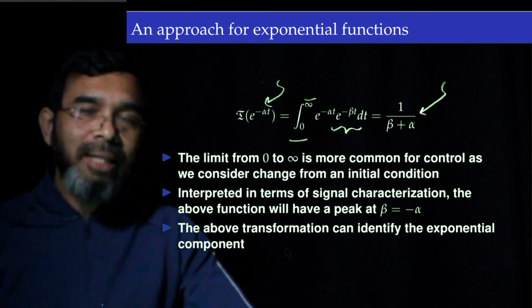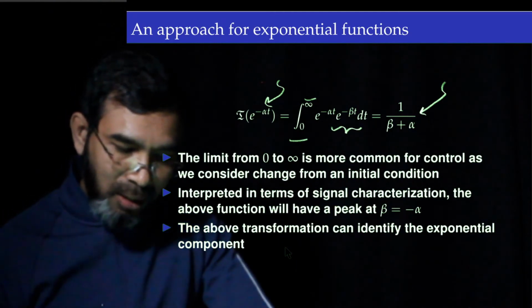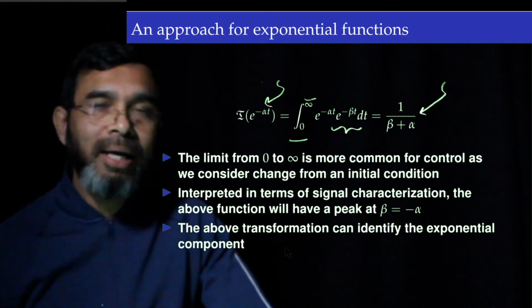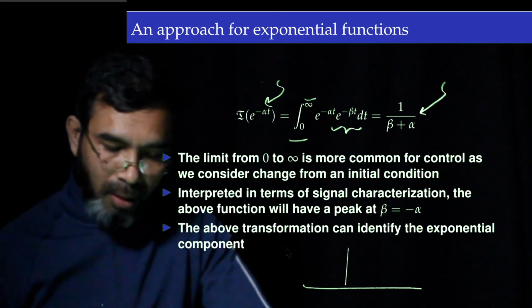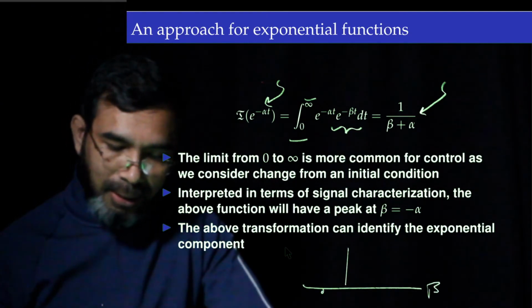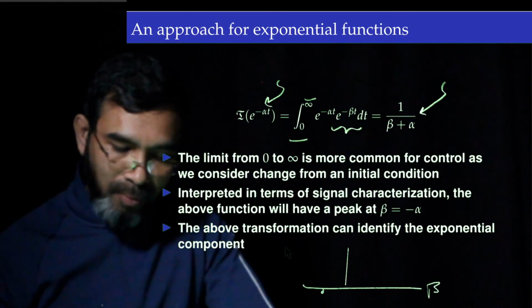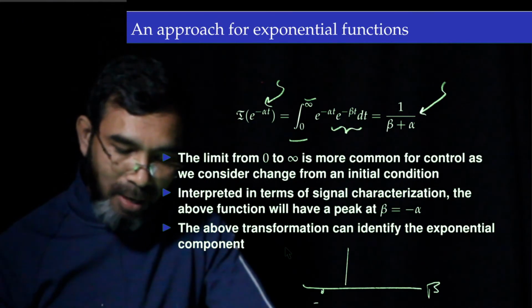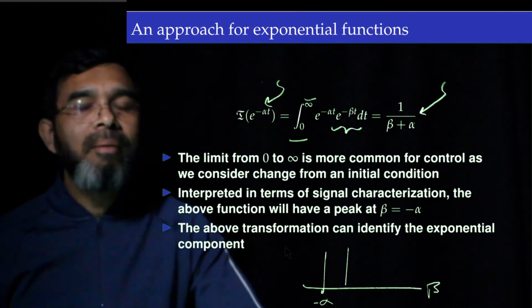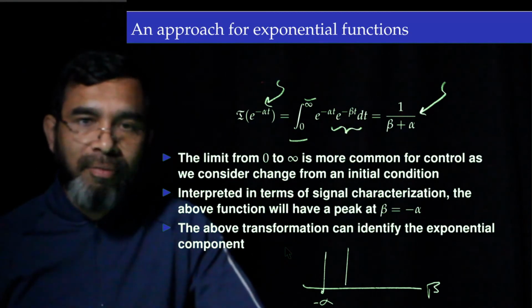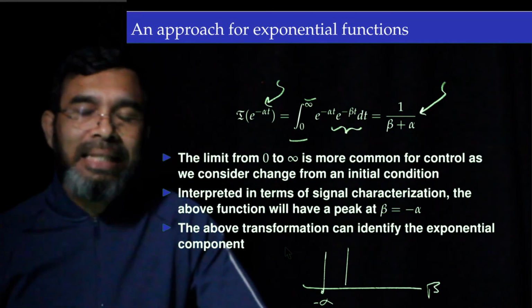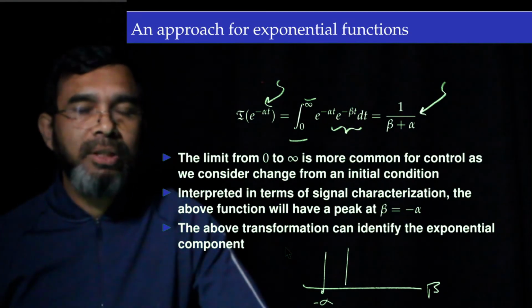Okay, meaning that if you plot this transfer function against beta, so beta versus this new transformed function, at beta equals negative alpha, you get a peak. Meaning that this exponential weighting can identify the decaying factor in the original signal.